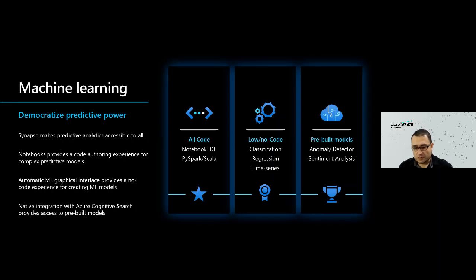So machine learning in Synapse Analytics allows you to leverage the machine learning models that your data scientists perhaps have created very seamlessly, very easily within, again, the same collaboration environment in Azure Synapse Studio.